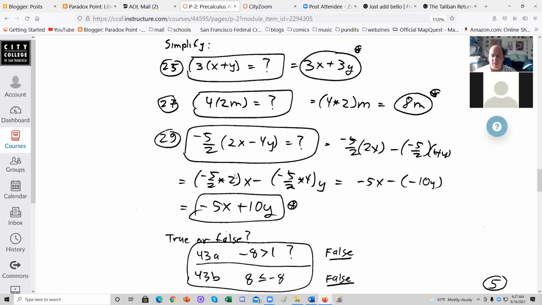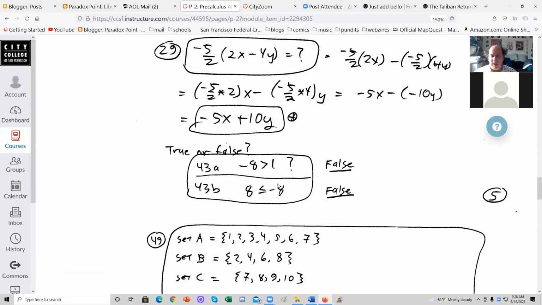Negative 5 halves times 2, that times x, minus negative 5 halves times 4, that times y. Okay, a bit of arithmetic. Negative 5 halves times 2 is negative 5. Negative 5 halves times 4 is negative 10. So negative 5x minus a negative 10y. Now minus and negative cancels, so we get negative 5x plus 10y. That's the answer for this.